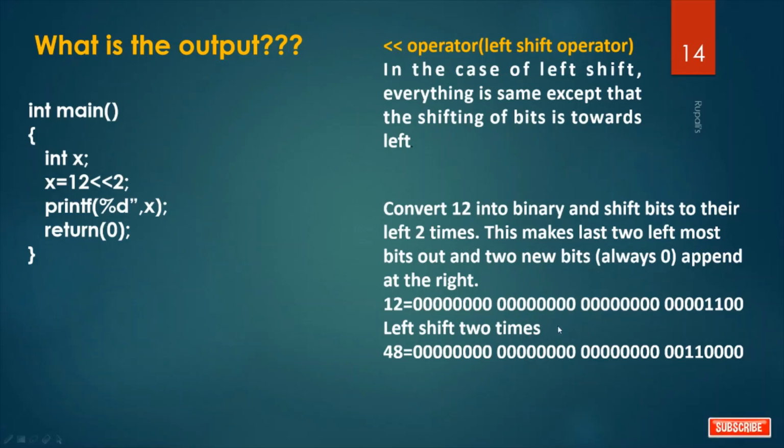After left shifting 2 times, the 2 leftmost bits go out, and 2 new bits, always 0, are appended at the right. So we get the value 48.